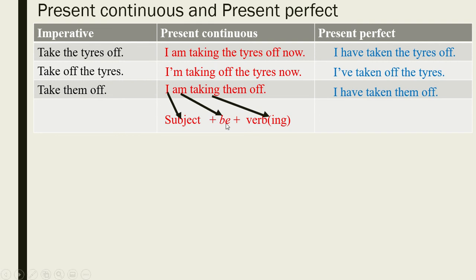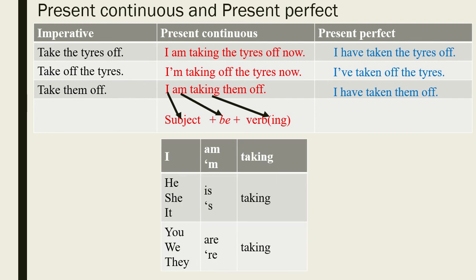Of course, the verb to be depends on the subject. So this table is a summary. You can have I, and the verb to be is am, and then the verb with ing. He, she, it go with is. And you, we, they go with are. And then the verb with ing.